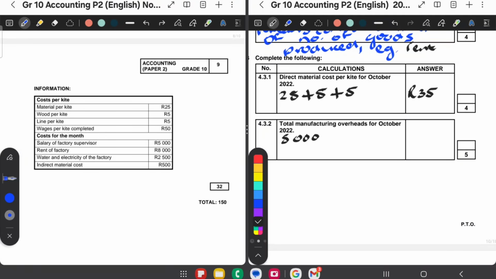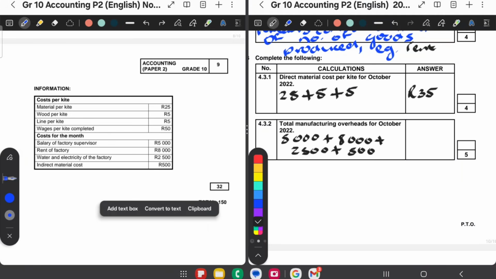The rent for the factory, yes, 8,000, plus water and electricity for the factory, yes, that's a total amount of 2,500 for the month. And then indirect material cost, plus 500. So, okay, we have our total manufacturing overhead cost.